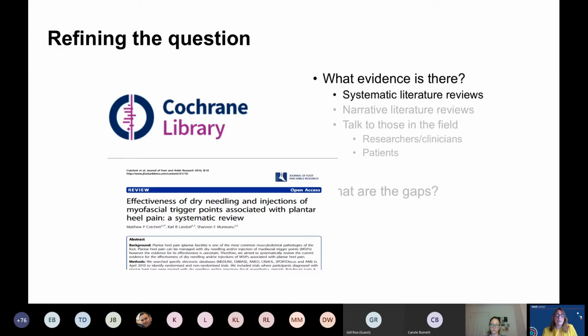And this is where narrative literature review is becoming increasingly important. When we talk about the grey literature, particularly in areas that don't have a strong evidence base, it's incredibly important. So it's good to actually look at not just the systematic reviews, but the wider literature.